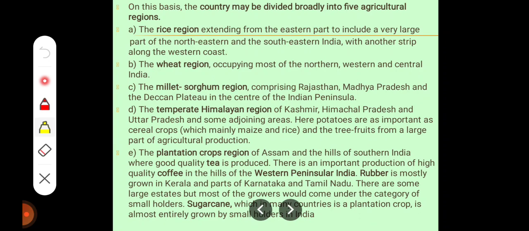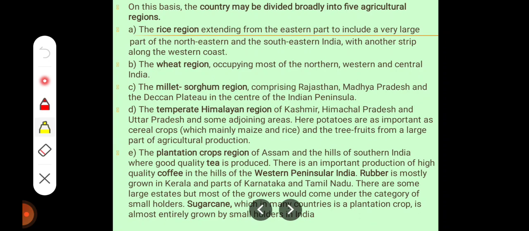And the fifth one, the plantation crop regions of Assam and the hills of southern India, where good quality tea is produced. There is an important production of high quality coffee in the hills of western peninsula India.